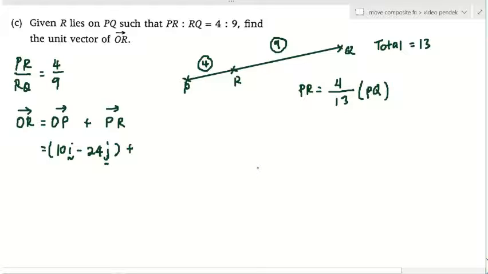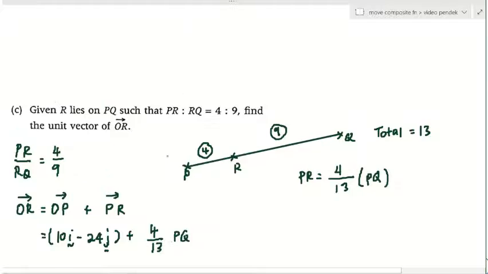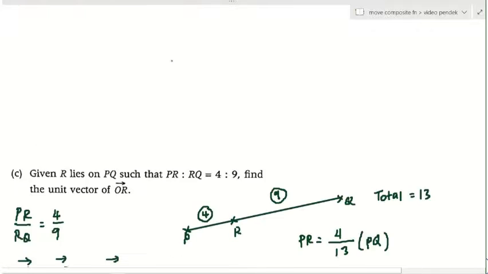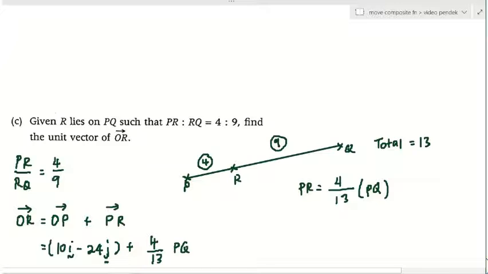PR is 4/13 of PQ. What is PQ? PQ we got in question B: 26I plus 39J.